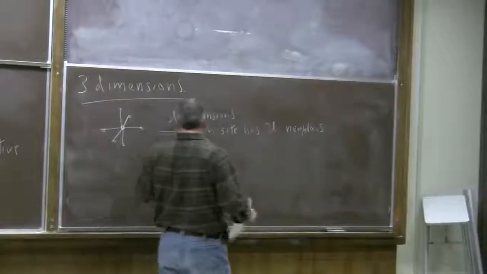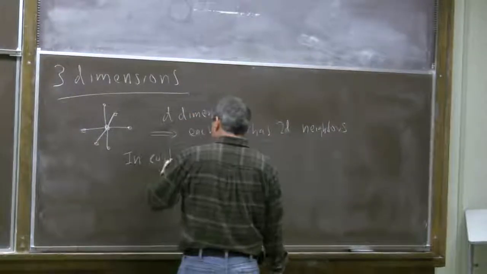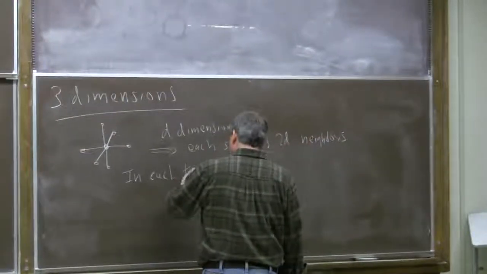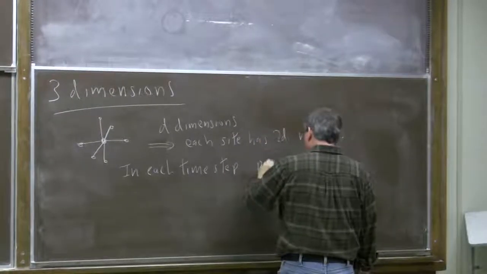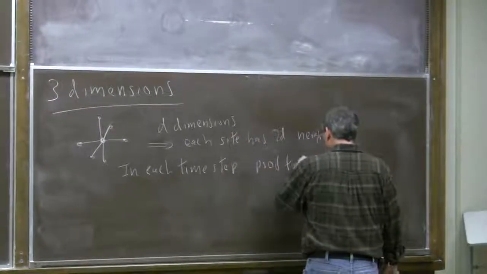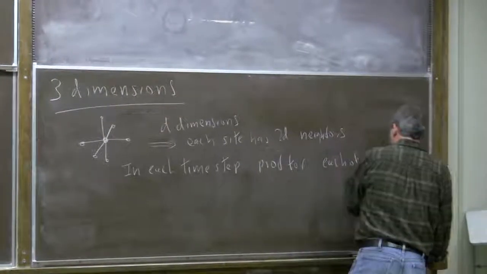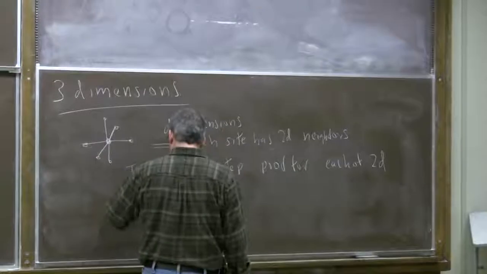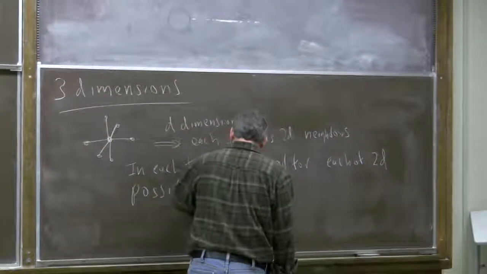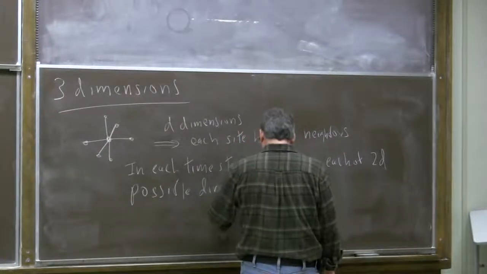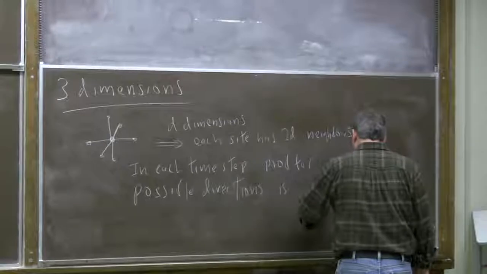Except now we'll say, in each time step, the probability for each of 2d possible directions is 1 over 2d.